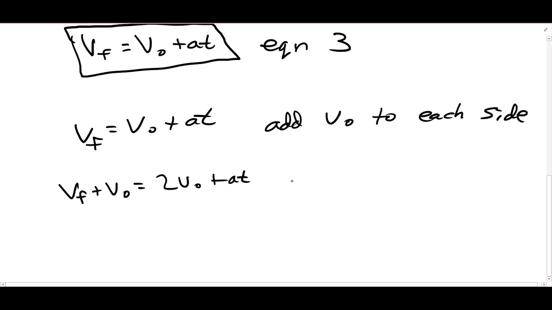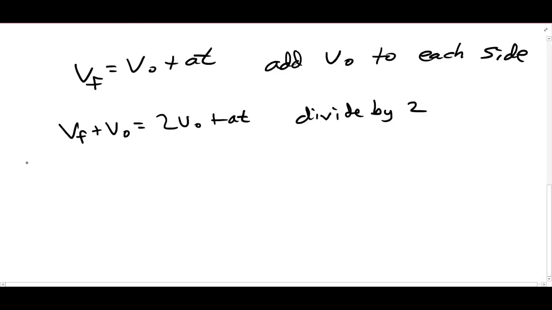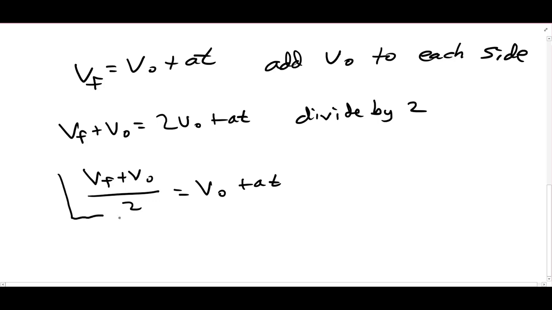And now what we're going to do is divide by 2. And you must be thinking, well, what are we actually doing here? We're getting into a form that's actually fairly useful. And then, do you remember what this guy is?